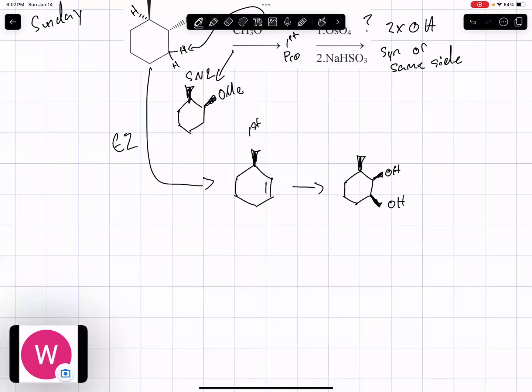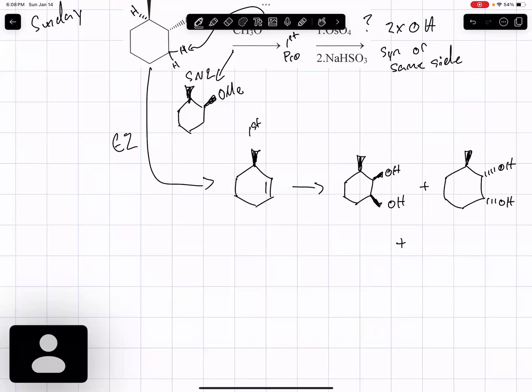If you don't recall, this could have equally added either from above the alkene or below the alkene. So I could have drawn this product equally, where both of those hydroxyl groups are dashed.